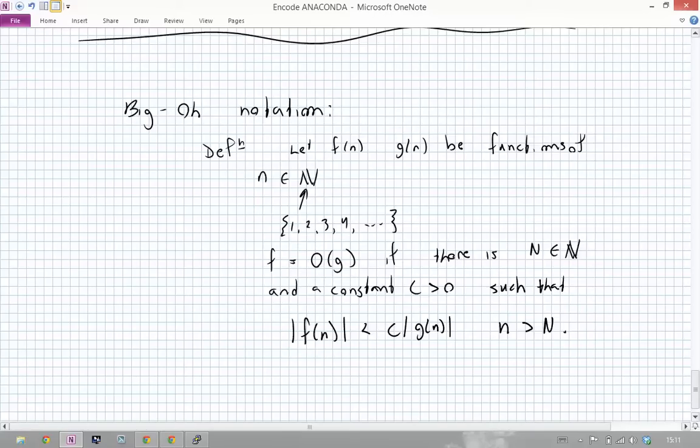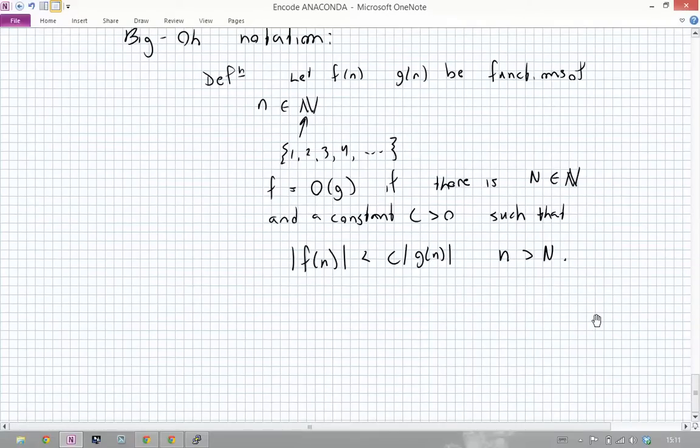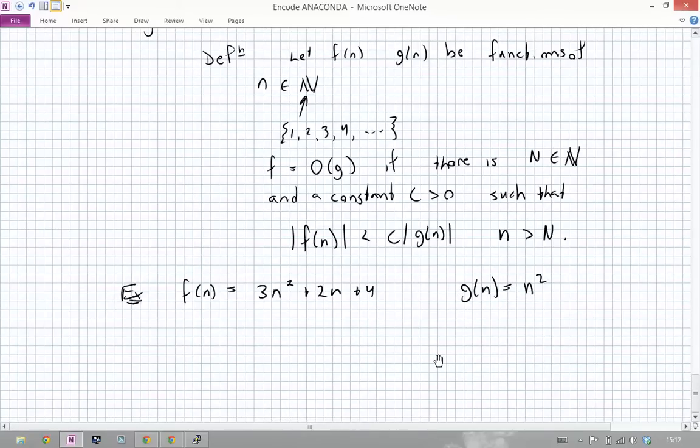Let me give you an example so that you can parse this definition. I recognize that it's complicated. Let's consider just a simple function, a polynomial function of n, 3n squared plus 2n plus 4, and let g of n be just n squared. It is the case that f is big O of n squared.